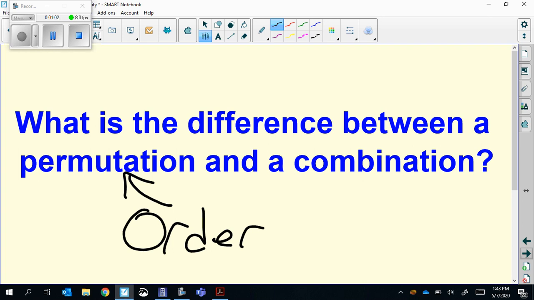Usually like with a recipe, especially if you're baking, you just combine all the ingredients, like you mix it with a mixer or a spoon or whatever, you're mixing them all together. It doesn't matter what order you combine them. But with a permutation, order does matter.